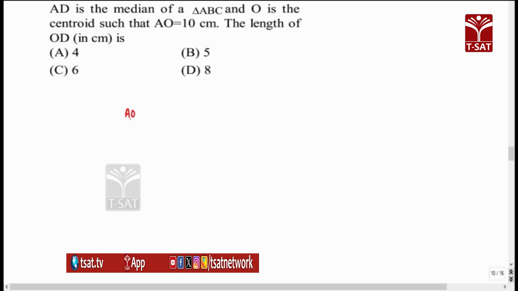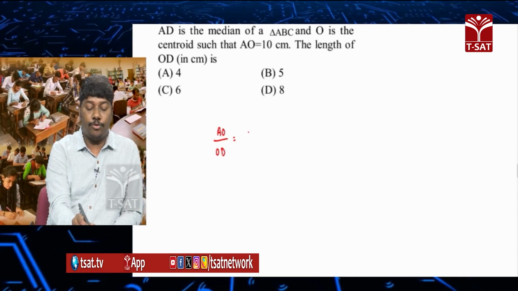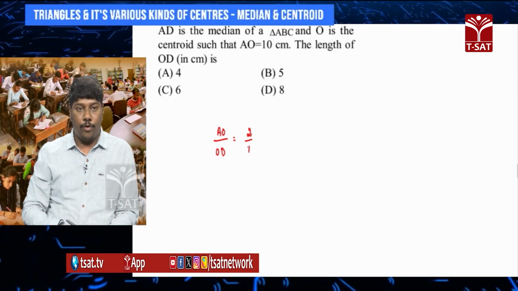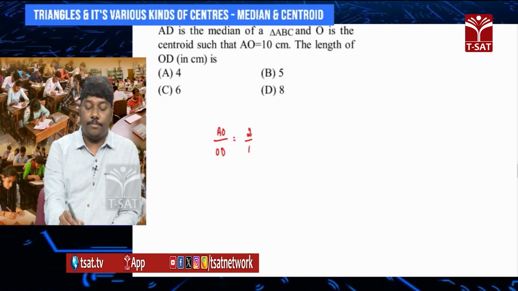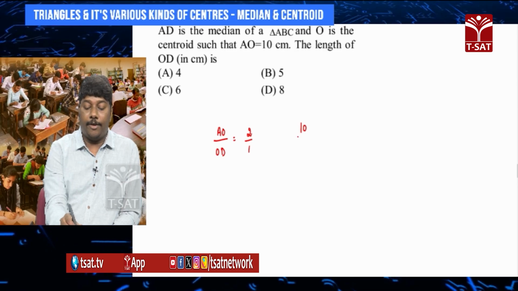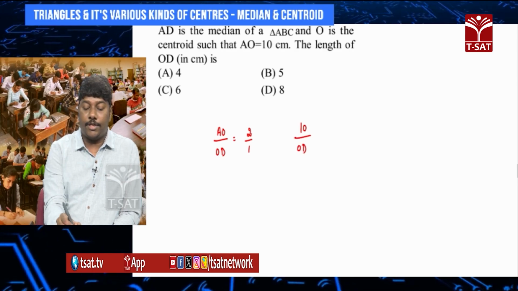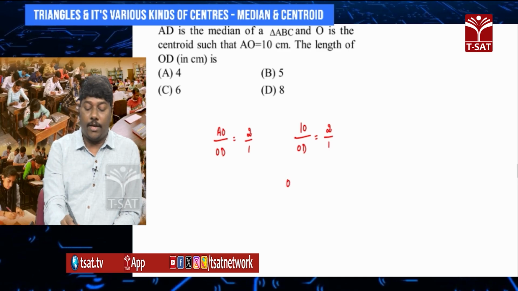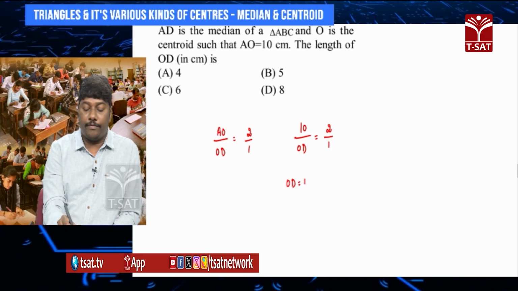Therefore, AO divided by OD is equal to 2/1. The given value is AO. AO is given as 10. 10 divided by OD, you have to find, is equal to 2/1. 2 ones are 2, 2 fives are 10. OD is equal to 5.